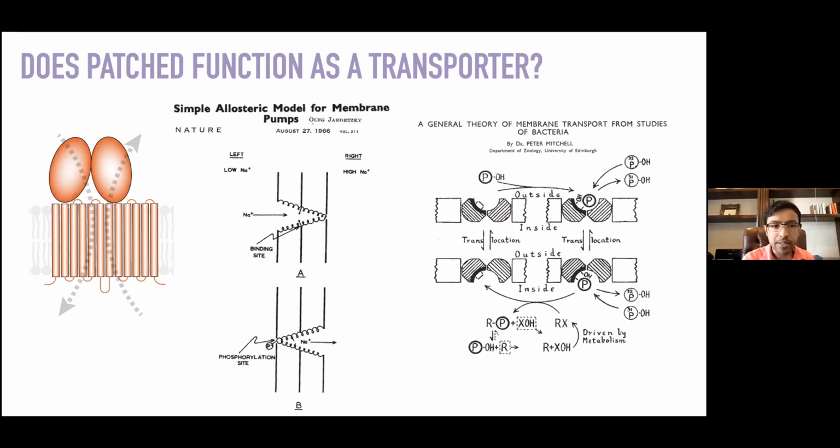So we had a simple idea on how to approach this question of whether Patched is a transporter. We wondered, could we develop a molecule that would trap Patched in a single conformation? And there are two possible outcomes. One possible outcome is kind of like a G protein coupled receptor.